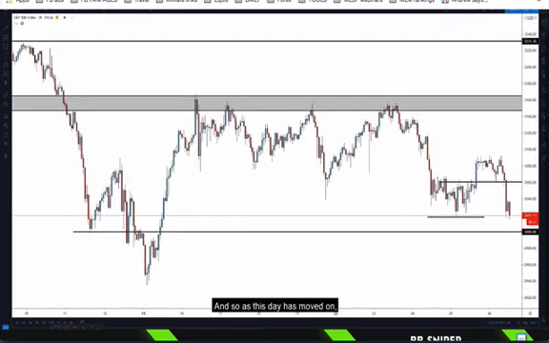And so as this day has moved on, we've seen that the market has come down. It's taken out 2 old lows. We're moving closer to a whole level.